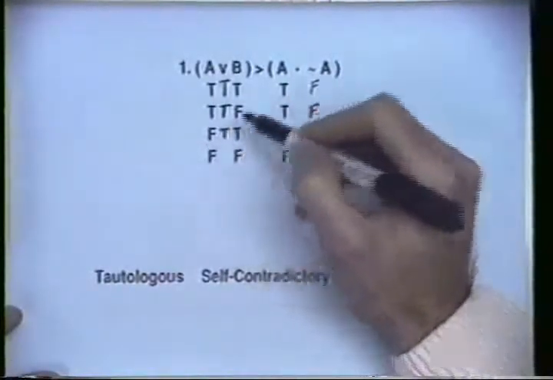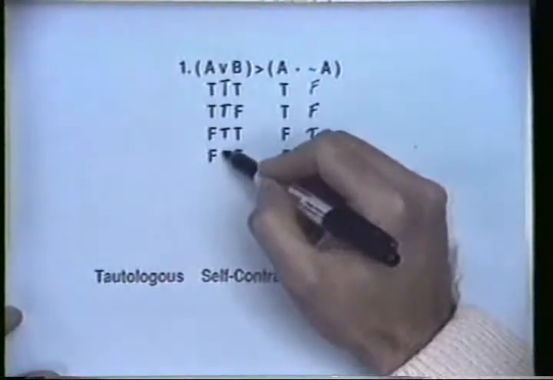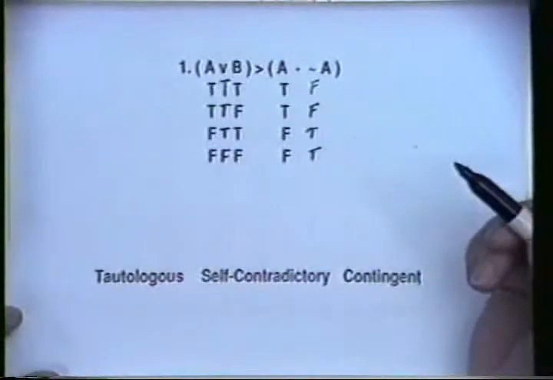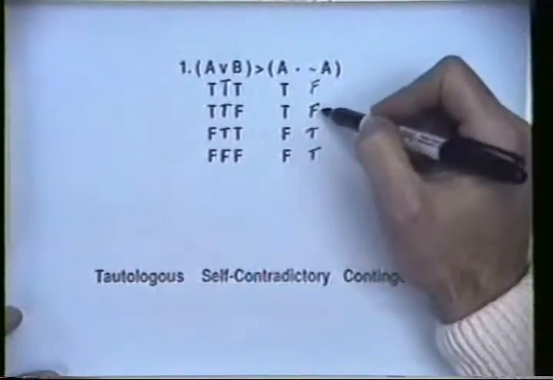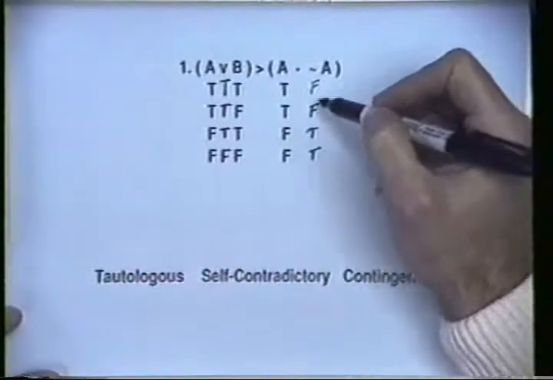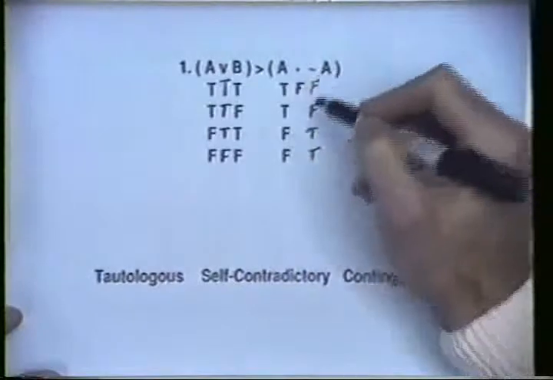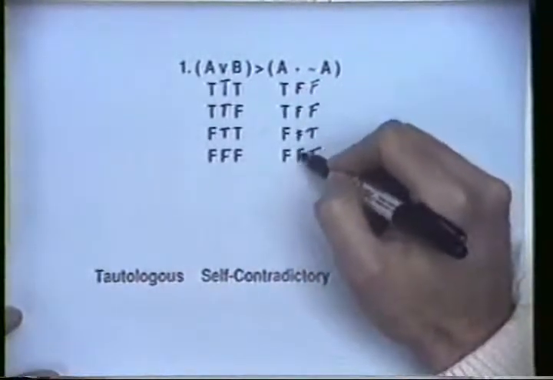False or true, true. And the only condition under which a disjunction is false, the double falsehood of the elements, gives us false there. With conjunction, remember, one false is sufficient to generate a false conjunction. So this column would be false, false, false, false.